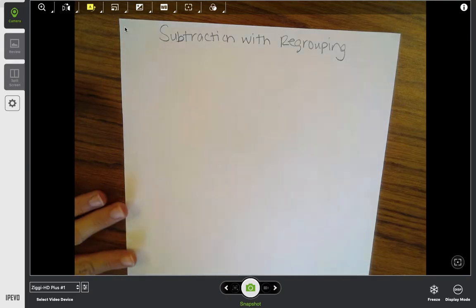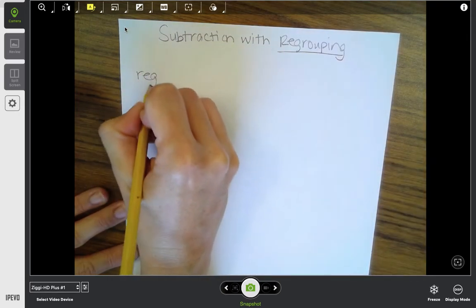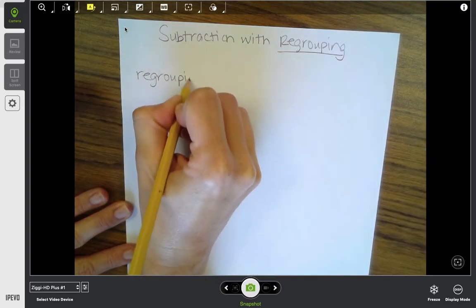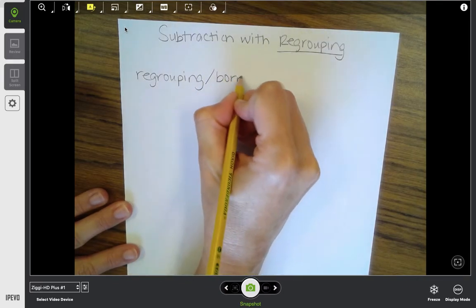So first of all, let's talk about this word regrouping. Regrouping, we also sometimes call it borrowing.